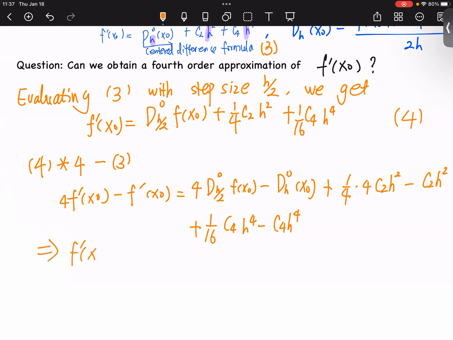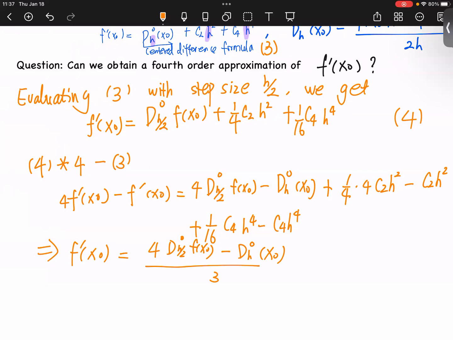Now the first derivative equals the center difference formula with the half step size, minus the center difference formula with the step size h, divided by 3, because we have the coefficient 3 on the left-hand side. So we divide both sides by 3. Because these terms are gone, we don't need to deal with them.